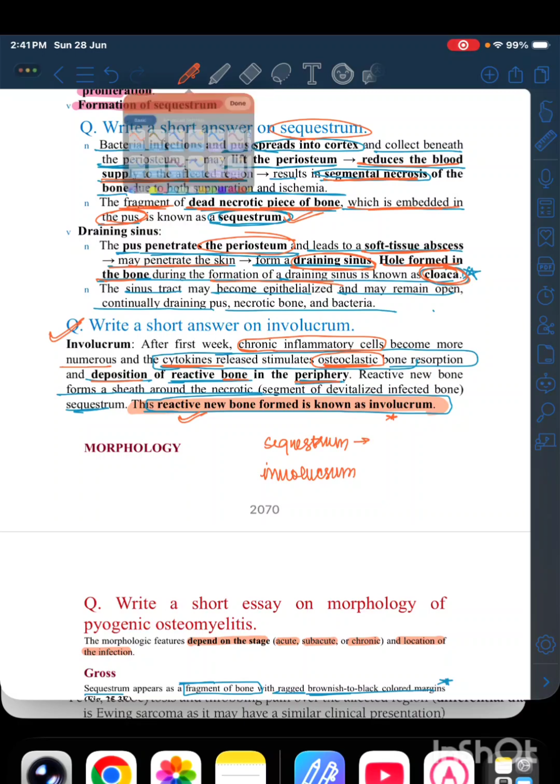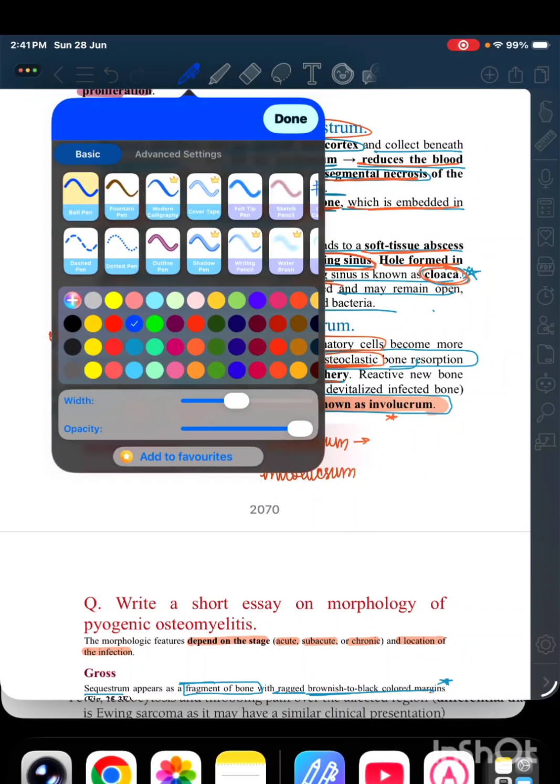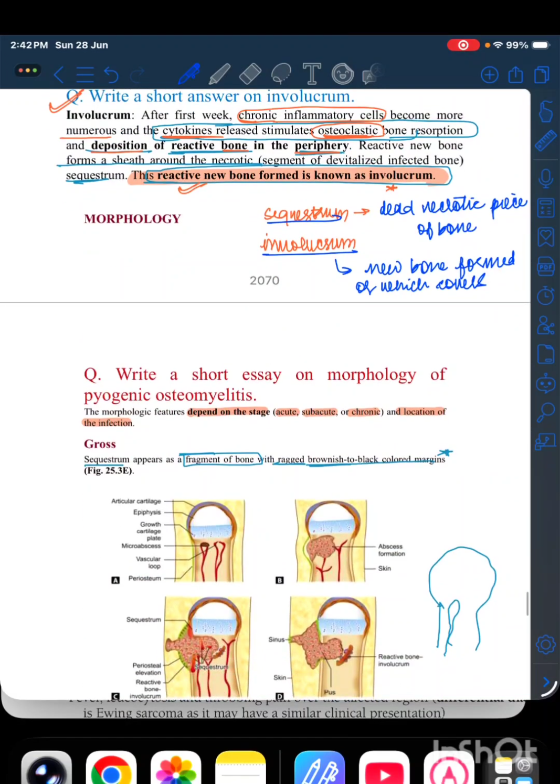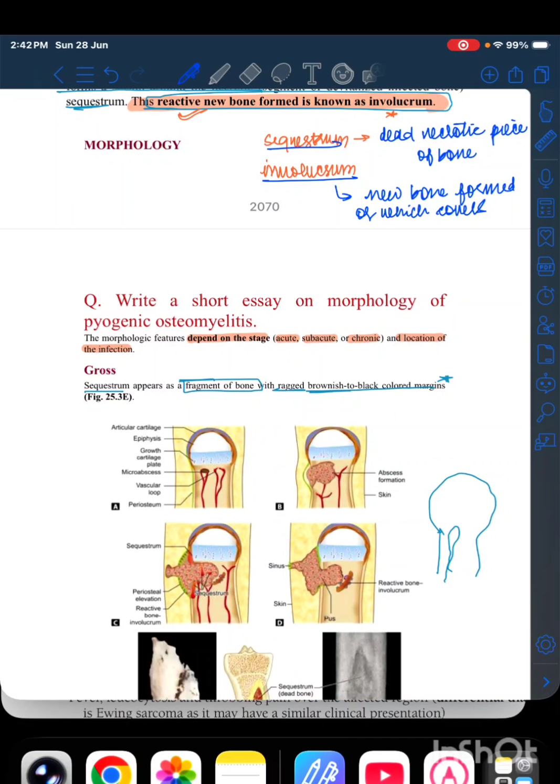Sequestrum is the fragment or dead necrotic piece of bone, whereas involucrum is the new bone formed which covers the area.